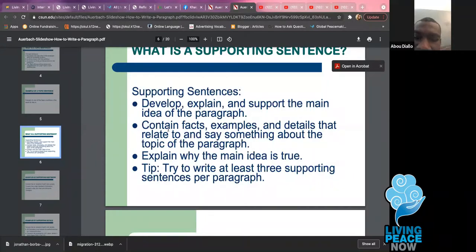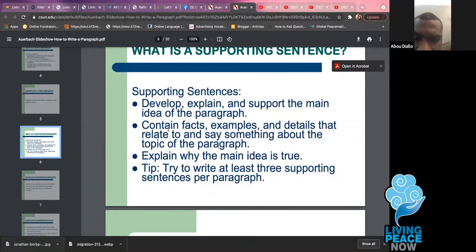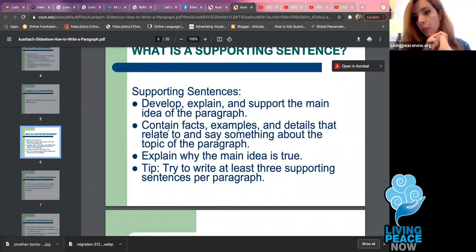What is the tip? Okay. So, as Rosemary said, as supporting ideas, we need examples, we need details, we need experience, we need facts, we need quotes, we need our personal experience or someone else's experience to support and give credibility to the main idea.